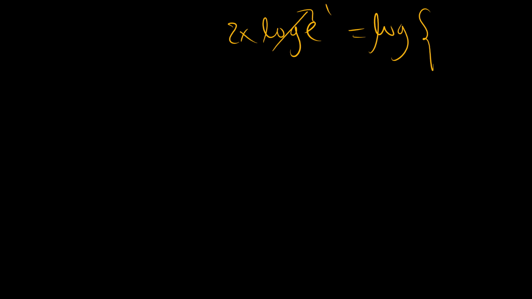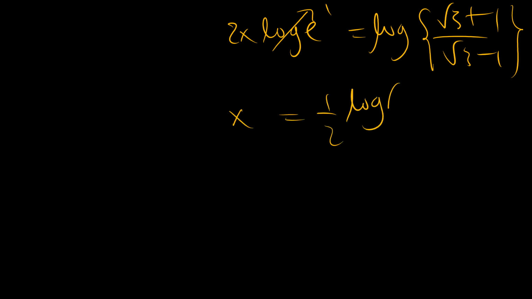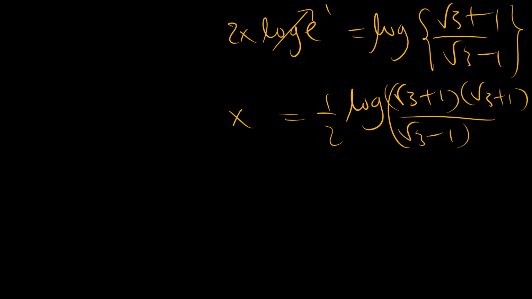And so 2x natural log of e, this becomes 1, is equal to natural log of root 3 plus 1 over root 3 minus 1. So x is equal to a half of natural logarithm of, we can just rationalize the denominator a little bit.